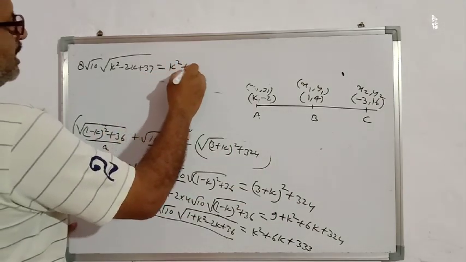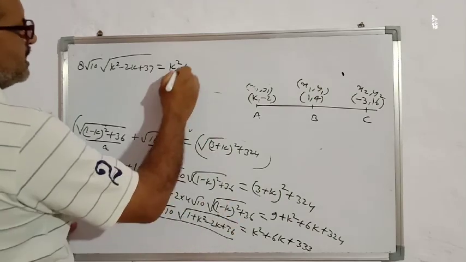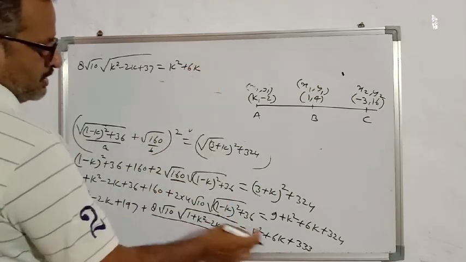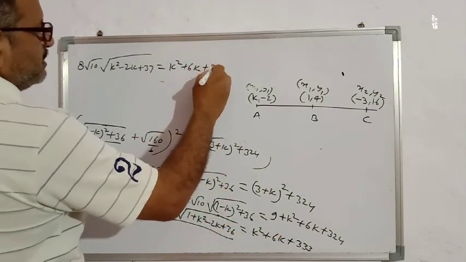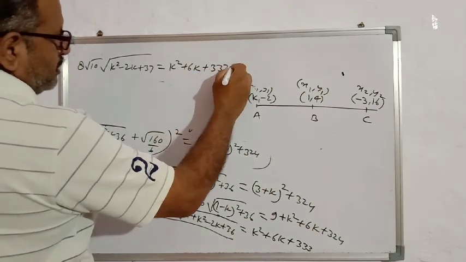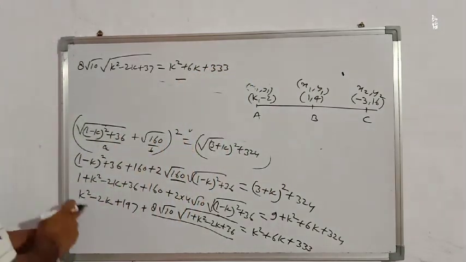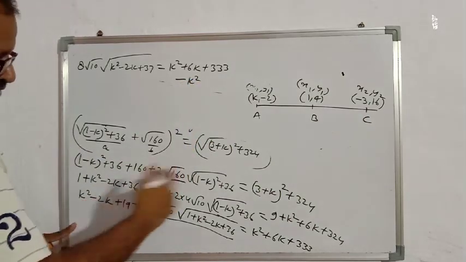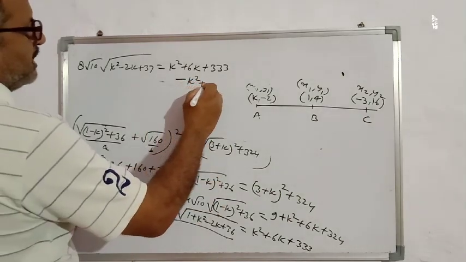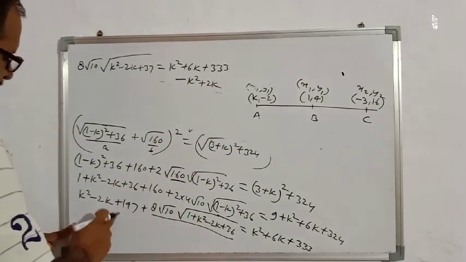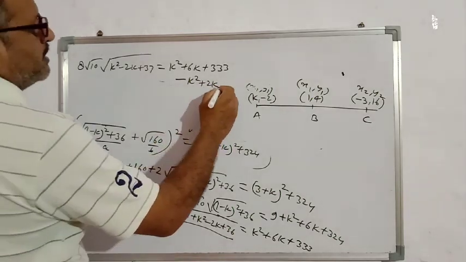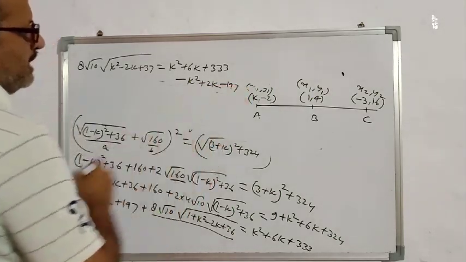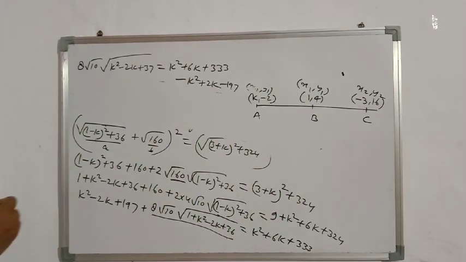So k square plus 6k plus 333 minus k square minus 2k, transposing to the right side, it will be plus 2k, and 197 will become minus 197.